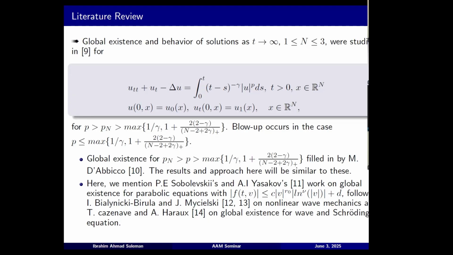So our results are similar in approach to the work of Dabiko and Fino, and sometimes in the proof of the result, I refer to a lemma in their preliminaries because it's just a substitution over it.